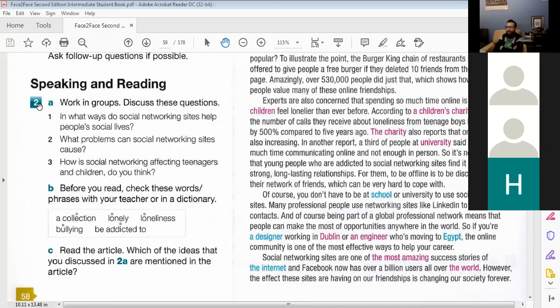And also the other advantage is to know the news about your city or your town, what happened. You will see that on the pages of Facebook.